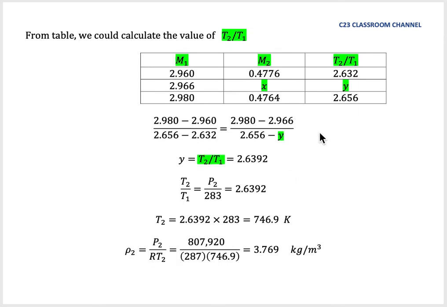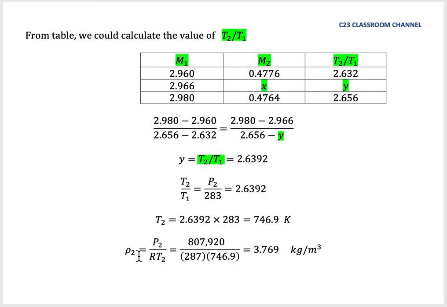And this is the interpolation calculation of T2 over T1. I hope you could understand this, because this is a very simple calculation. We get T2 over T1, the ratio of this one is 2.6392. Then we could calculate the value of T2 by multiplying 2.6392 times 283, and it is equal to 746.9 Kelvin.